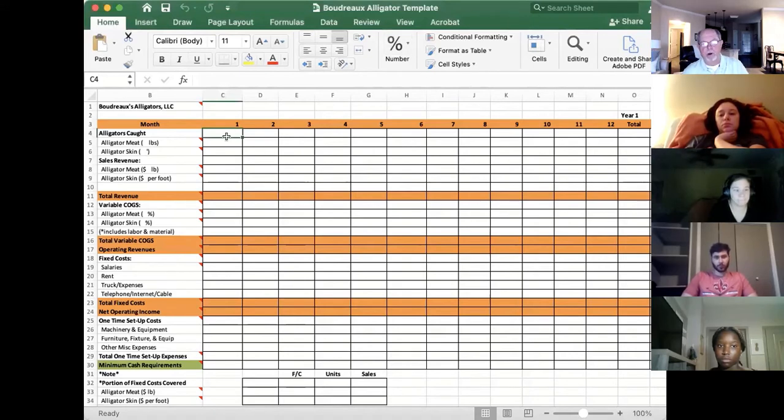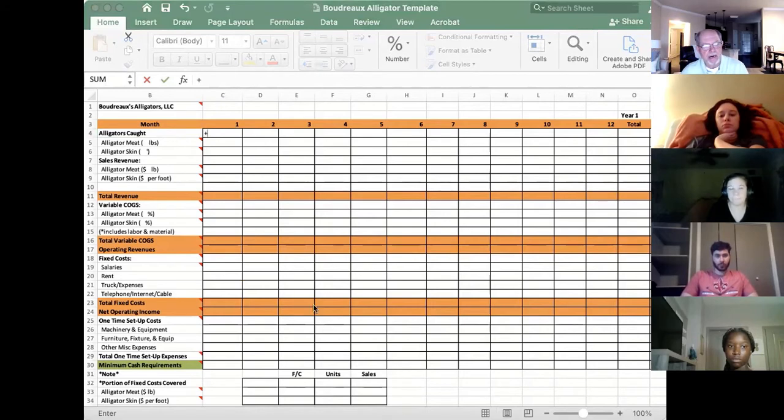He's going to have 5 boats with 2 people in each. And he says the 5 boats will catch 2 alligators apiece, right?